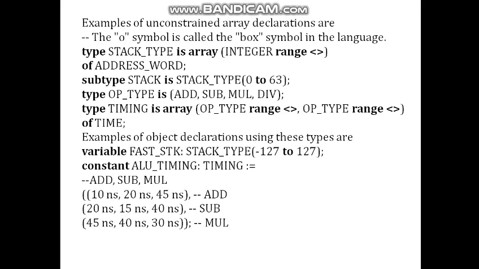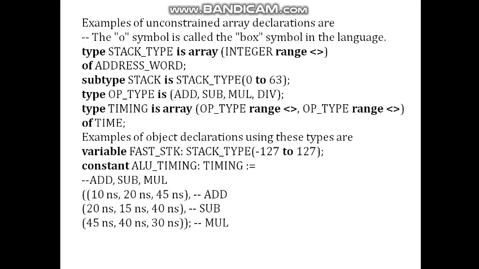Here we take a simple example of an unconstrained array declaration. The symbol <> is called the box symbol in the language. Type stack_type is an array of integer range <> of address_word. Subtype stack is stack_type 0 to 63. Type op_type is add, subtract, multiply and divide. Type of timing is an array of op_type range of a particular time.